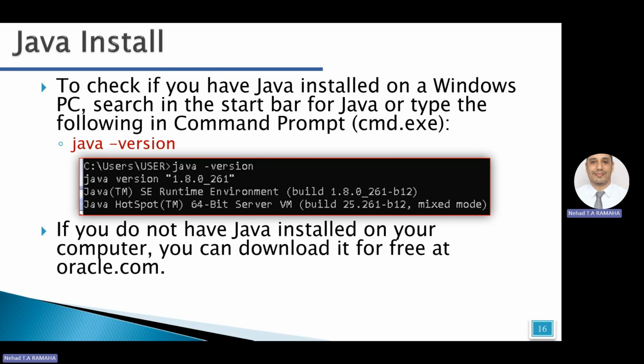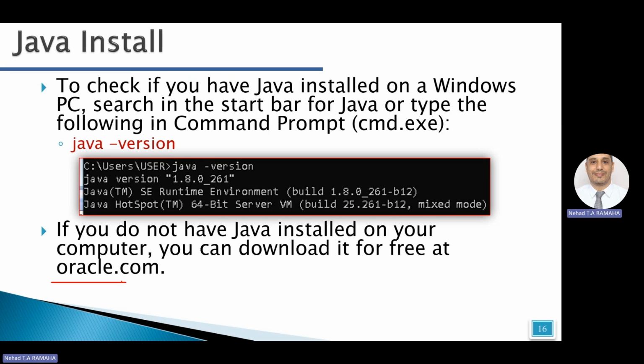First of all, to run Java code on your device, you should have Java. You can download Java for free from oracle.com, because it belongs to Oracle, or you can Google it.